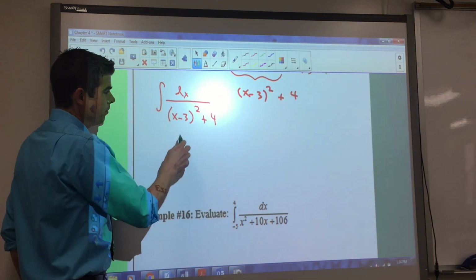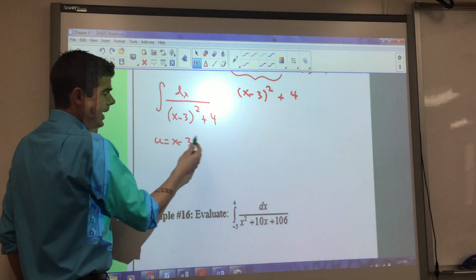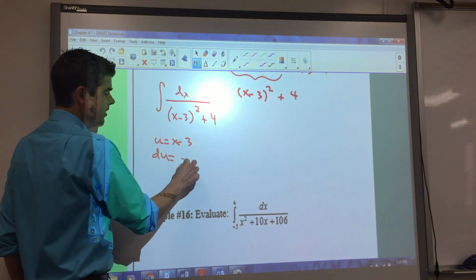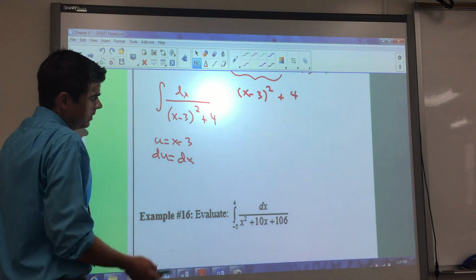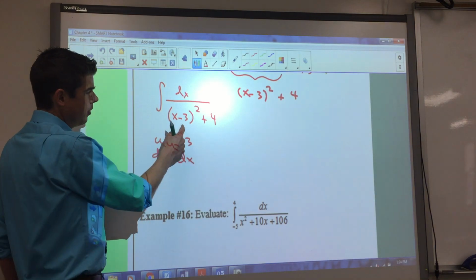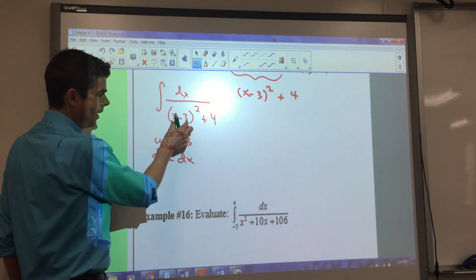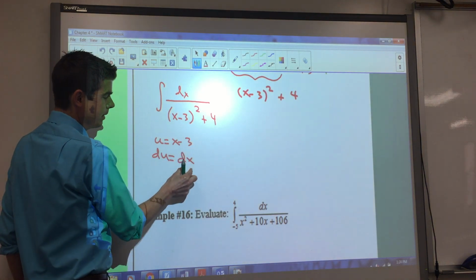Okay, excellent. So I'm going to let this be my u. I'm going to let u equal x minus 3. And I'm not sure if I necessarily need a u substitution because the derivative is just dx, but at least I'm seeing it as a placeholder. If that were a 2x, obviously I'd have a chain rule. But again, I have something squared, and that something is x minus 3.